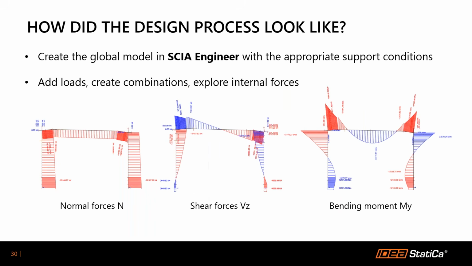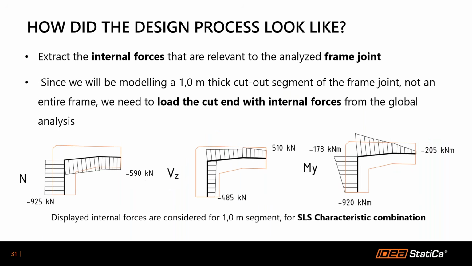After the combinations were created and analysis was completed, the normal forces, shear forces, and bending moments were read from the global model. The engineer extracted the internal forces that were relevant to the analyzed frame joint part of the structure. We will be modeling a 1 meter thick cutout segment of the frame joint, not the entire frame.